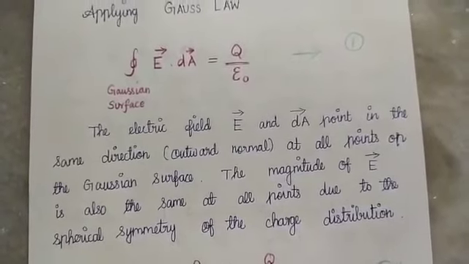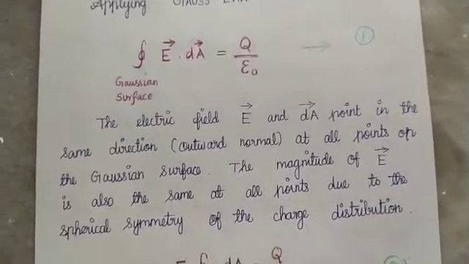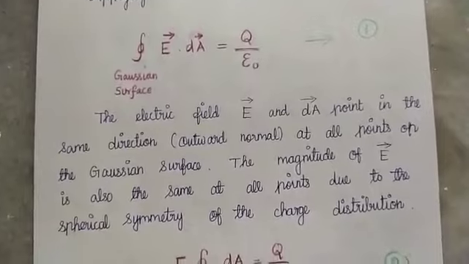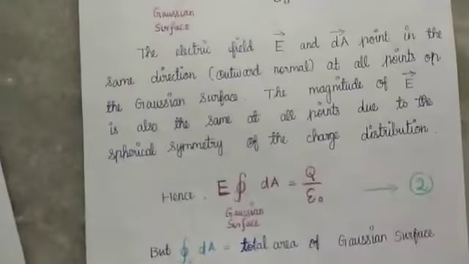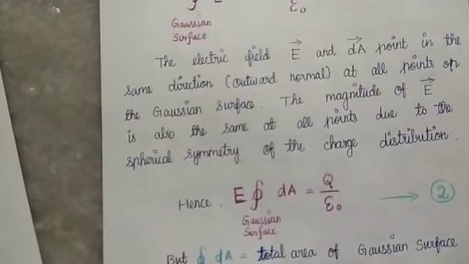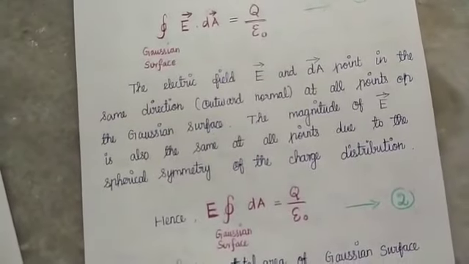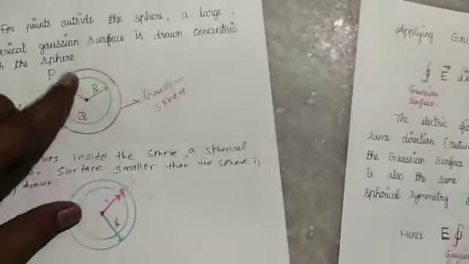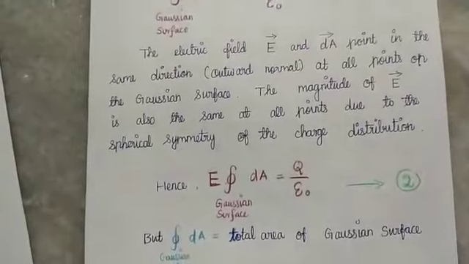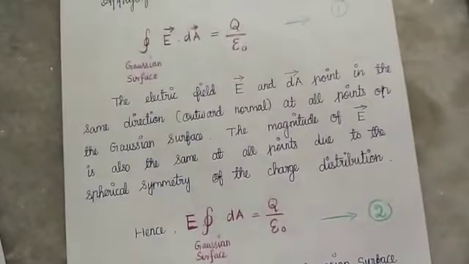Both are in the outward direction, and both are normal to the surface area at all points on the Gaussian surface. So the magnitude of the electric field is also the same at all points on the surface, because the radius of the sphere is equal. So the electric field will also be the same on the Gaussian surface.